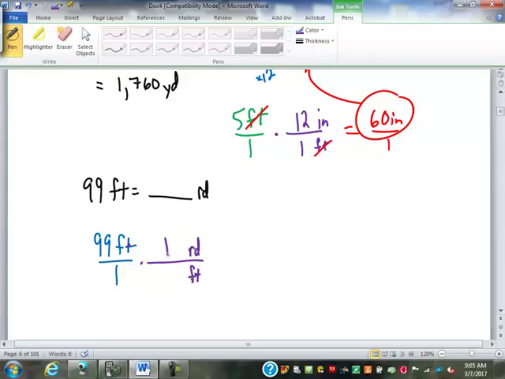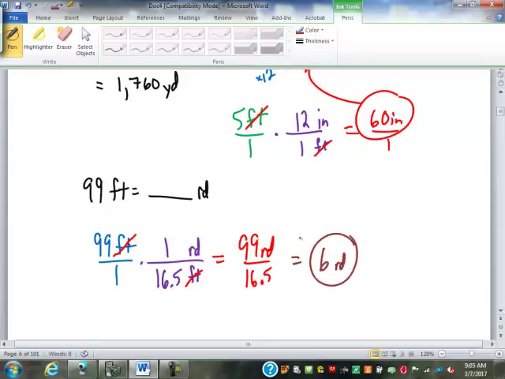The relationship is 1 rod is 16.5 feet. So the feet cancel out. 99 times 1 rod is 99 rods. On bottom, 1 times 16.5 is 16.5. And we divide. 99 divided by 16.5 is 6 rods. Make sense?